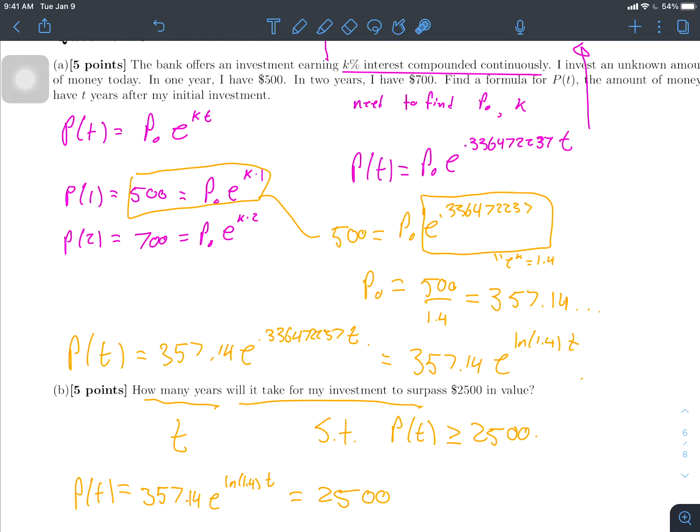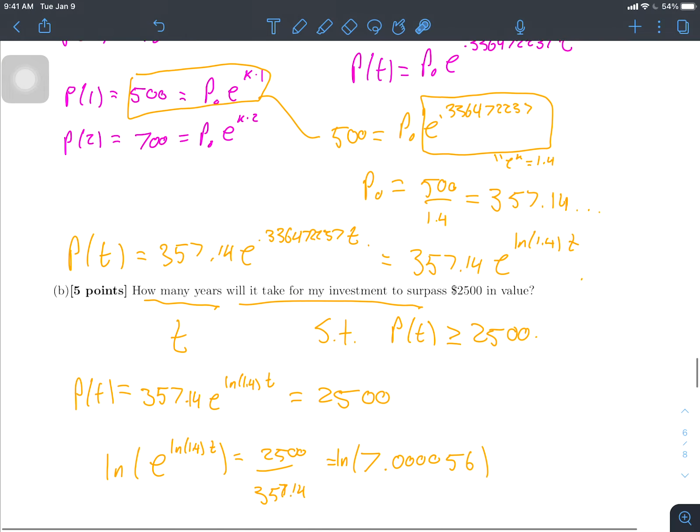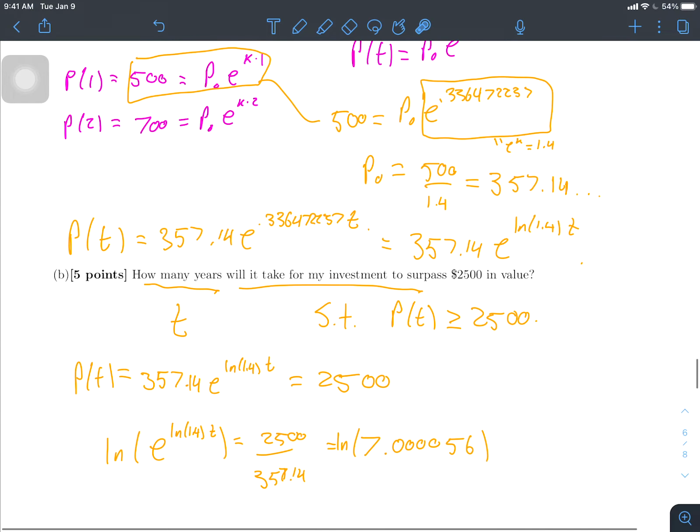But in this case, it's only being applied to the e, okay? So I need to sort of get this part by itself first before I do that natural log. So I do that by just dividing both sides by 357.14.